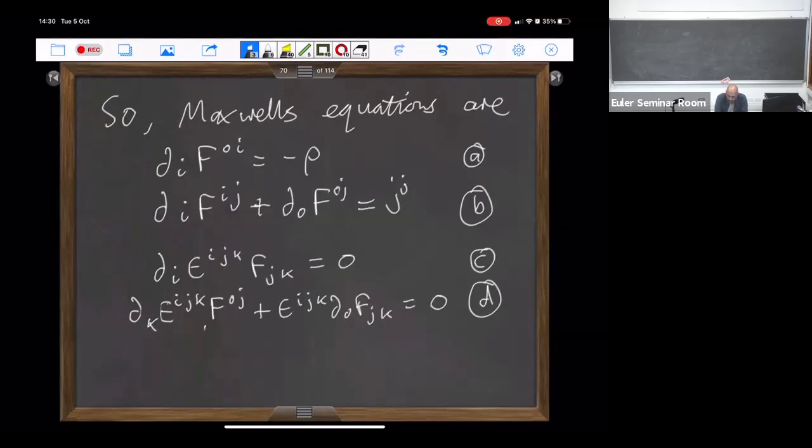That's equation A, and that's equivalent to the divergence equation for the electric field. This equation B is taking a divergence of the B field and also taking the time derivative of the electric field.